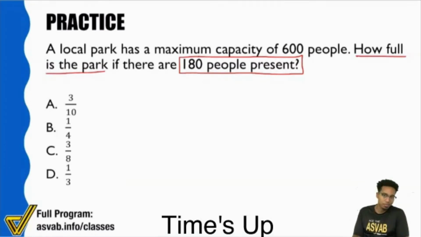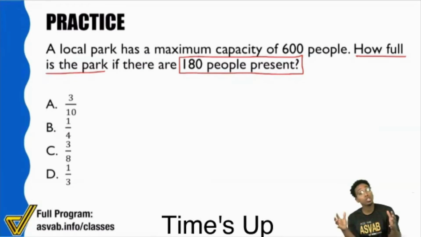Well, the capacity sign says 400 people max capacity. There's 200 people here. So 200 out of 400, or half. Yes or no, everybody? Do we see what I'm saying when I'm describing the phrase, how full? We're comparing what we have to what we could possibly have.